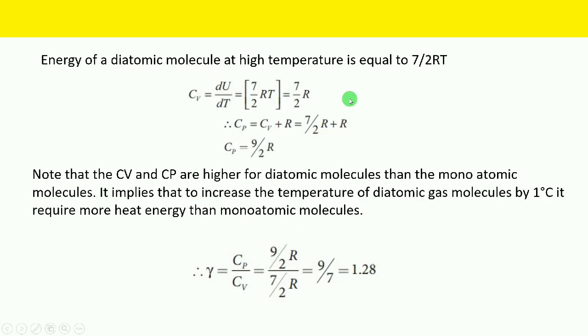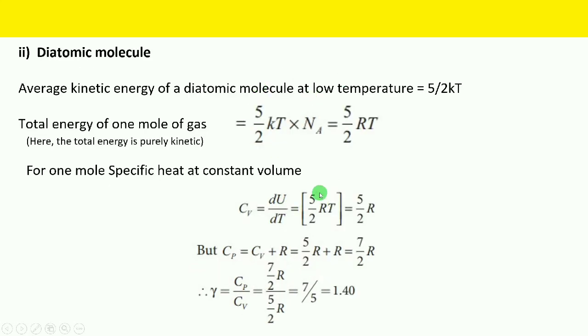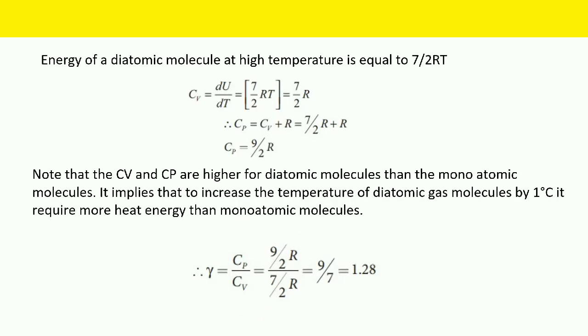Now for a diatomic gas, if we consider high temperature, here the degrees of freedom we consider as 5, that is 3 translational degrees of freedom and 2 rotational degrees of freedom. At high temperature, the atoms of the gas will vibrate because of the high temperature value.